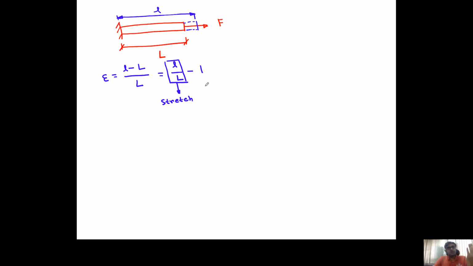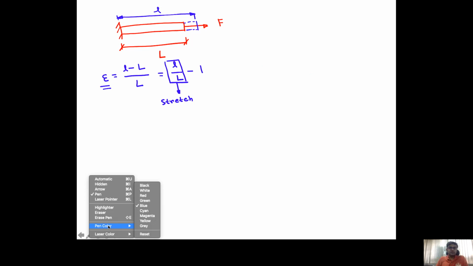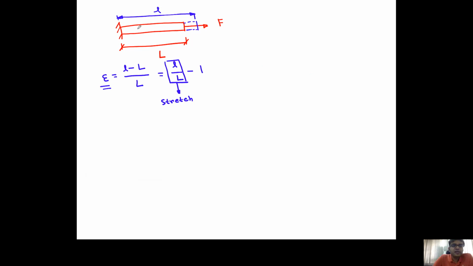Now there is a unique thing about this bar or about this strain. So for example, let us say there is a point A here and there is a point B here. So what will be the value of the strain at point A?